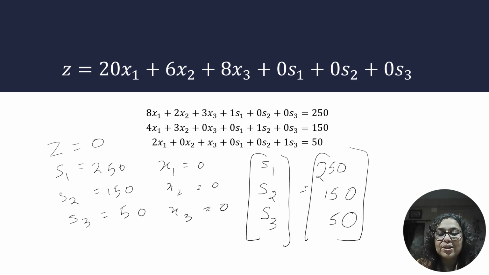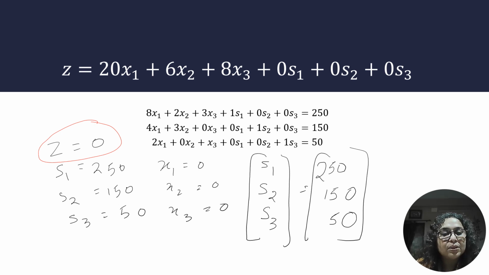So we have to go to the next extreme point because here z is equal to zero, and our objective is to maximize this z. So we have to find the next extreme point where the value of z will increase. And since we have x1, x2, x3 equal to 0, we have to make them positive. Surely we can find that, and that is what simplex does.